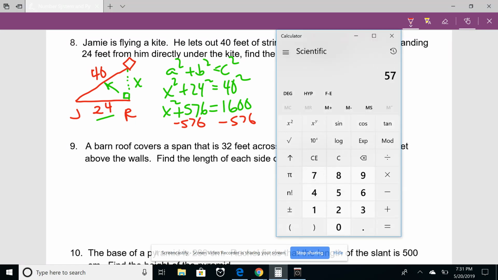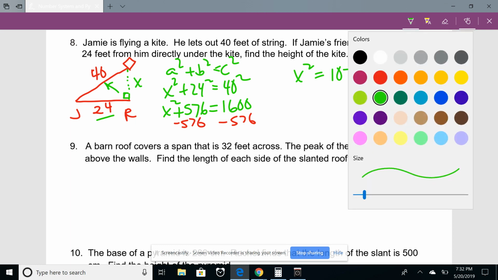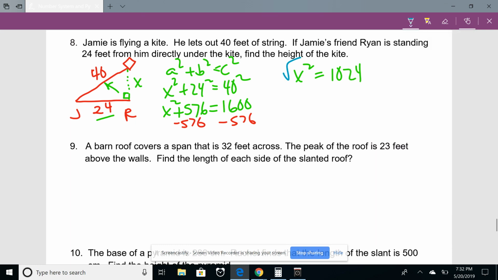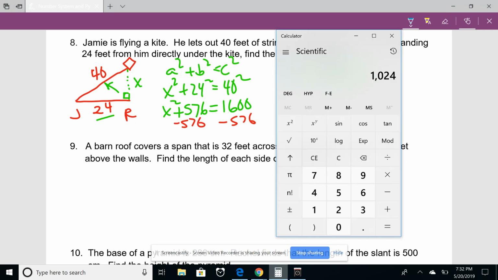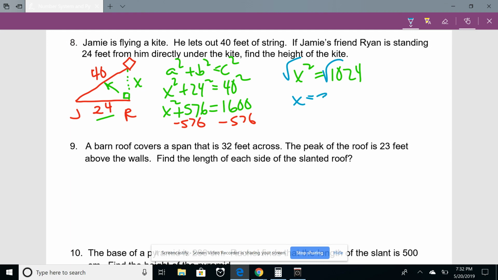Oh, shoot. 1600 minus 576, 1024. Is that a perfect square? Let's see. Square root. Yep, 32. So that's 32 feet for the height of the kite.